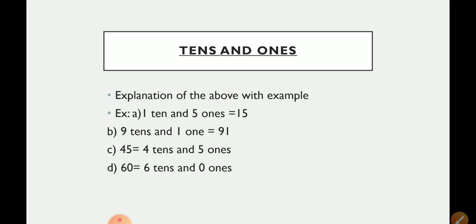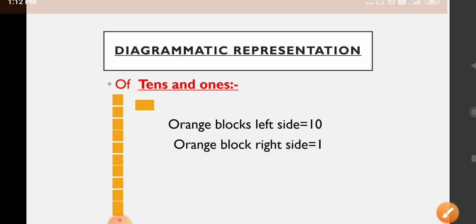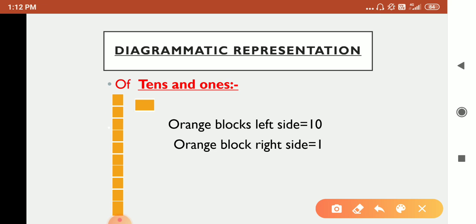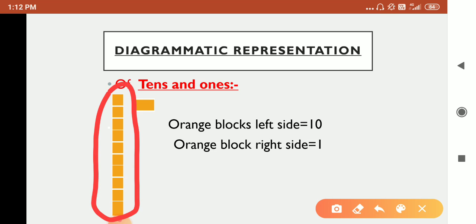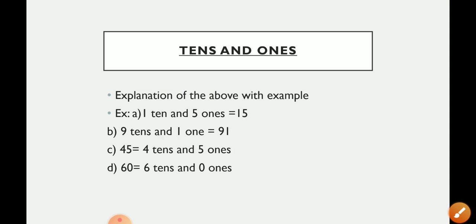That is 91. How is that? See, I said in the diagrammatic representation, this is tens having 10 blocks. That is 1 ten. So now 9 tens means 9 such groups, you will have 9 tens. And then you will have 1 one, that means one single block.